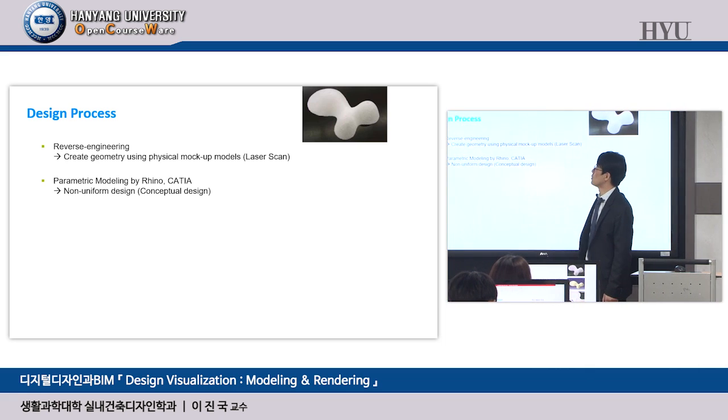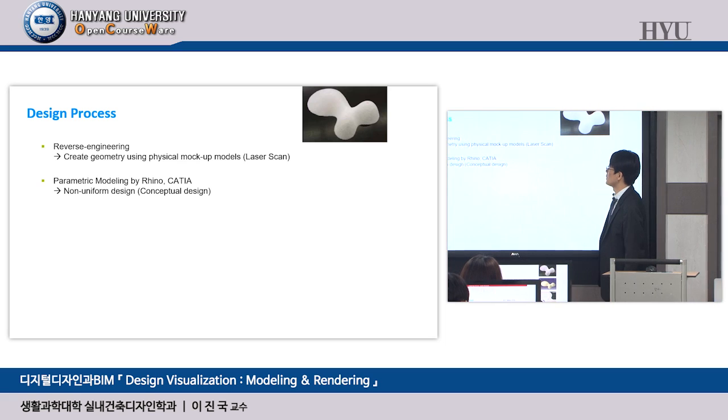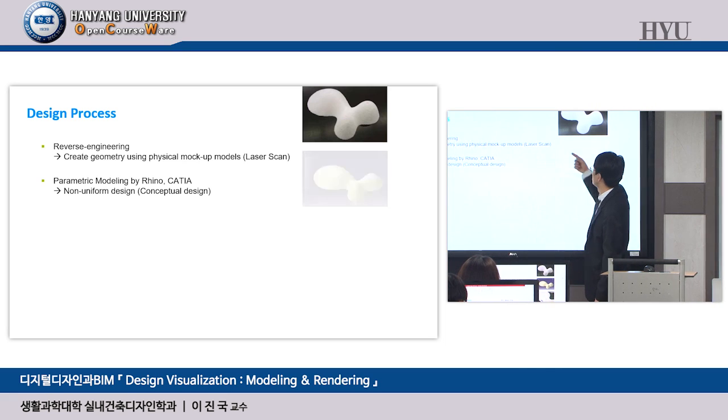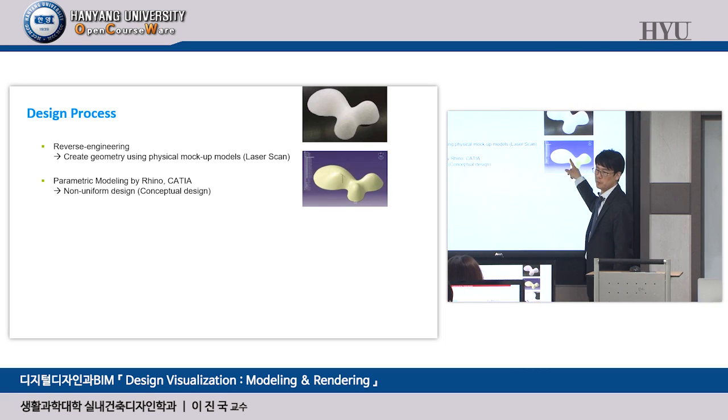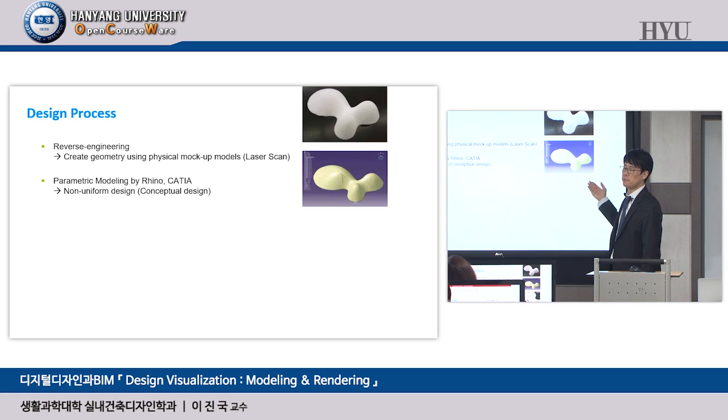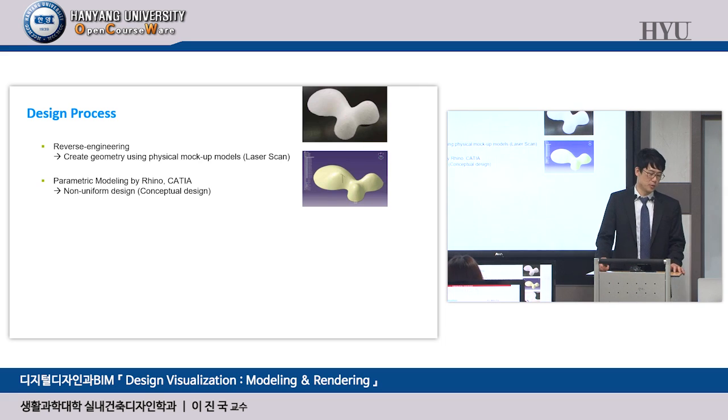Based upon reverse engineering technology, this geometry could be transformed to a CATIA or Rhino model. You know what Rhino is, but you may not know what CATIA is. CATIA is a very famous mechanical engineering parametric tool, usually used for airplane design, an engineering software.